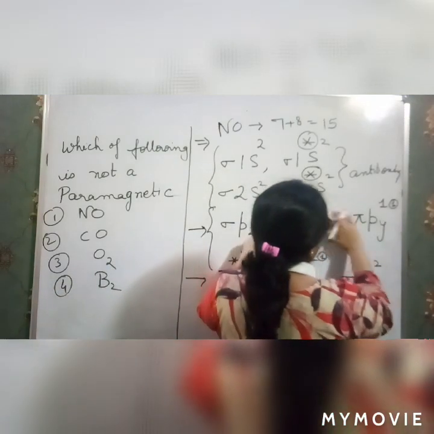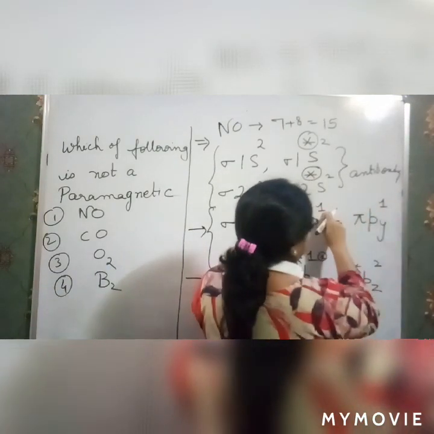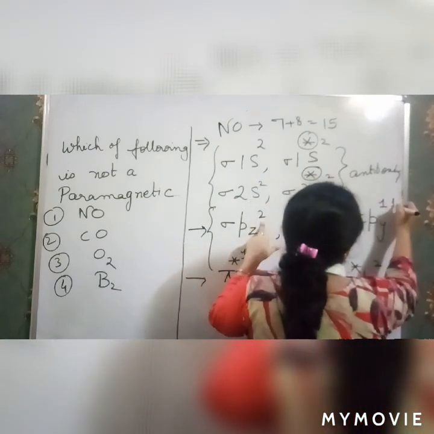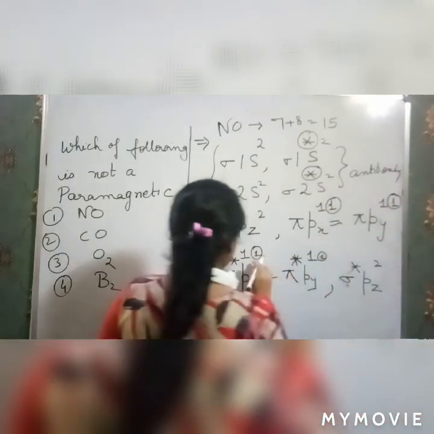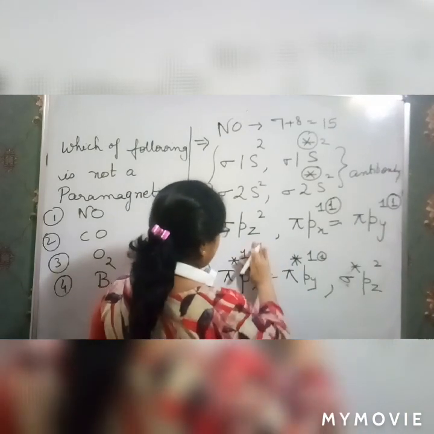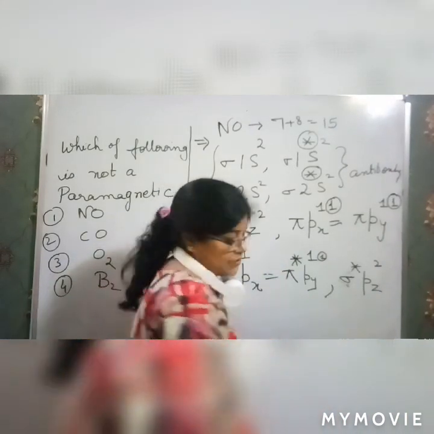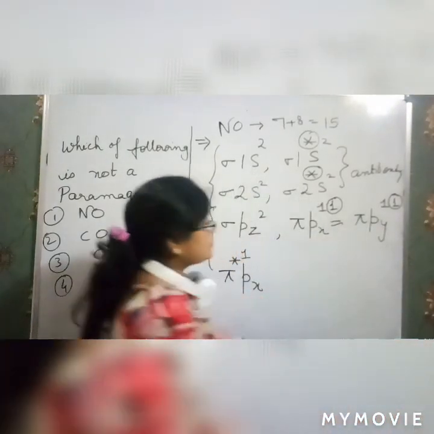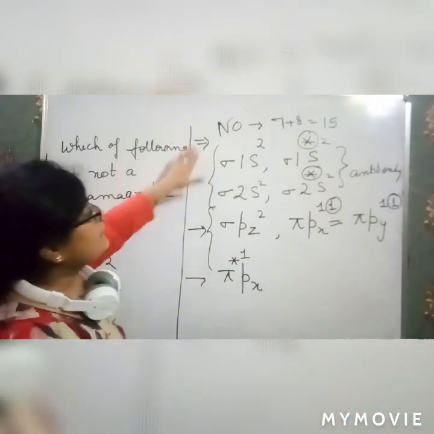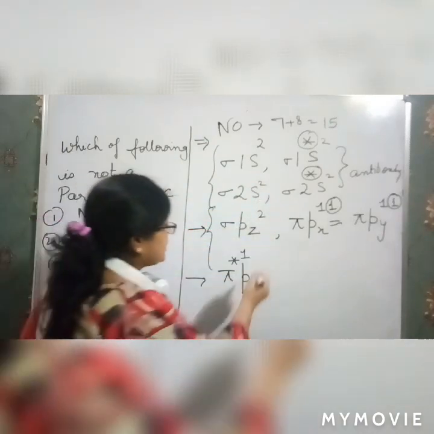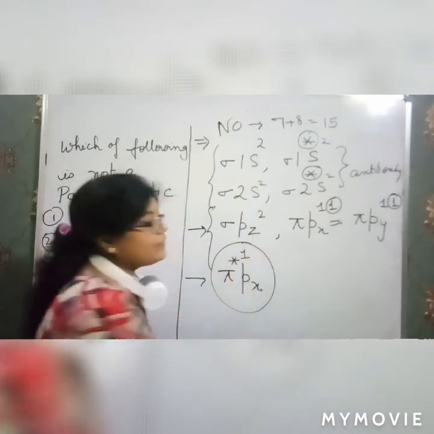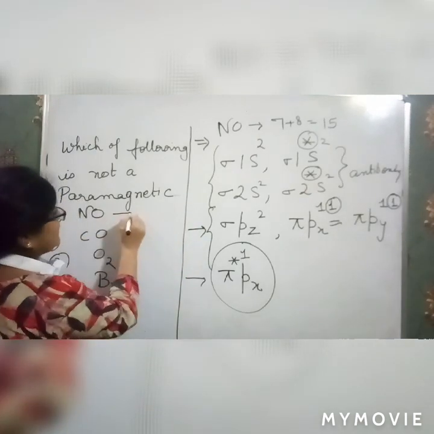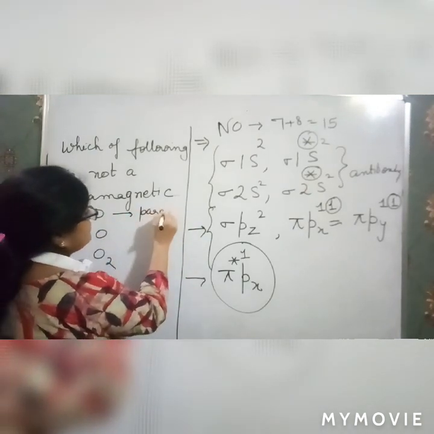Now just remove it. 11, 12, then 13, then 14, clear? Then 15. So here we have only 1 electron. So all these are not there in case of NO. So just see, every electron here is paired, but in this we have 1 unpaired electron. So this shows the paramagnetic behavior.